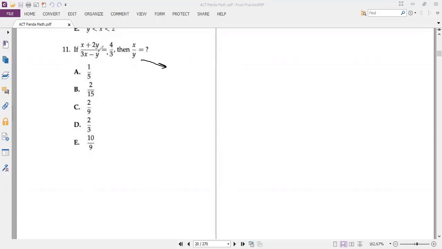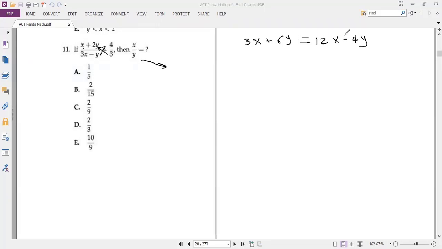Just cross product: 3 times x, 3x, 3 times 2y, 6y. Okay, cross product here, 4 times 3, 12x, 4 times minus y, minus 4y. We have to put y's value on one side, x's value on one side.